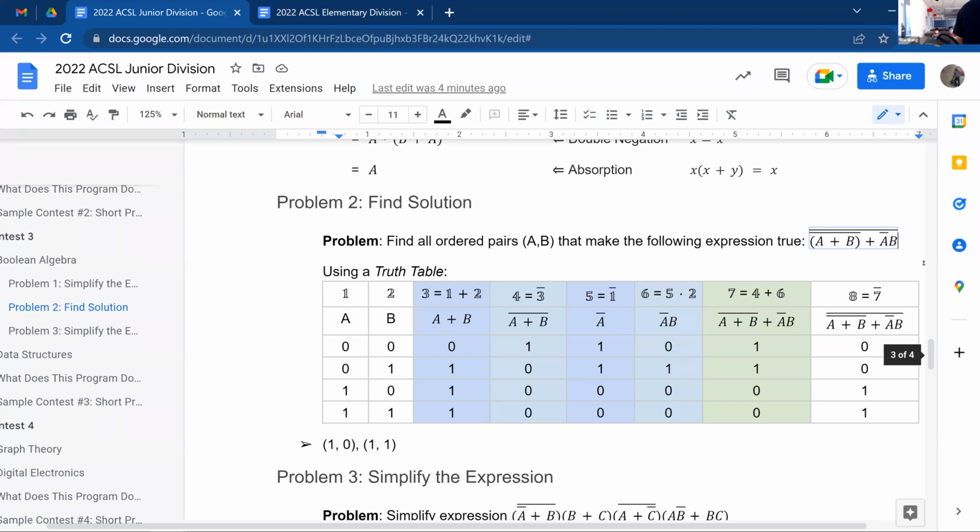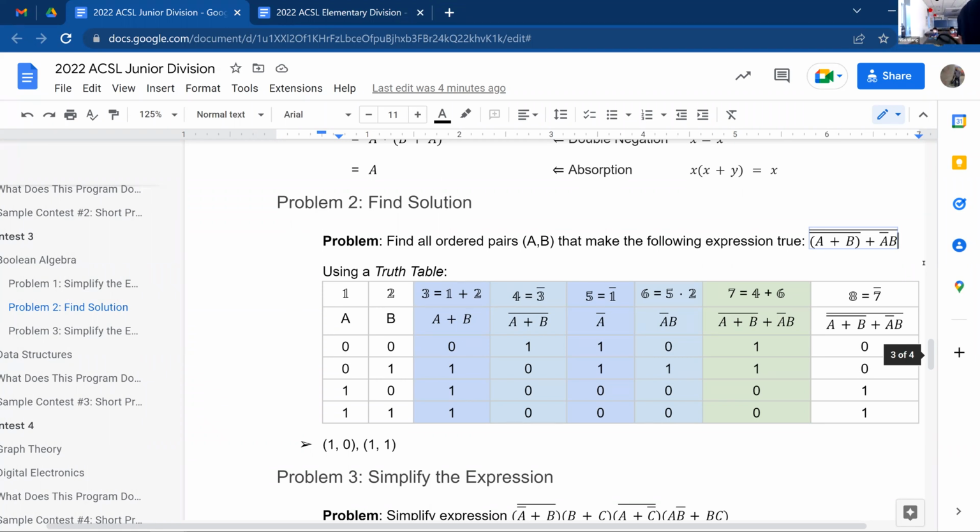B could be either 0 or 1. The end result is still 1, because this whole expression, if you look at the whole column, is the same as the A column. So this whole expression can be simplified to just A.